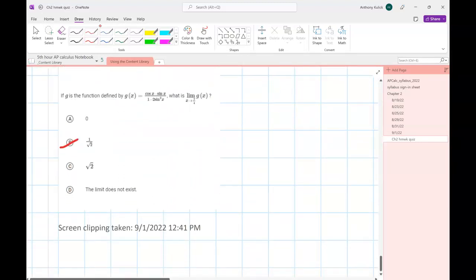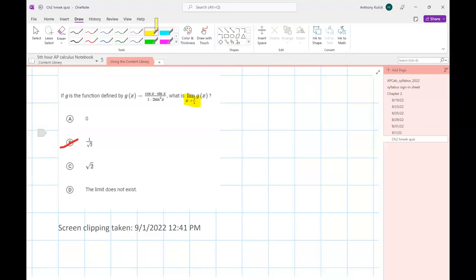The last one, it says if g is the function defined by, what is the limit as x approaches pi over 4? As soon as I see this, I'm thinking unit circle. So this is, again, something that could conceivably be done without the graphing calculator. Does the AP believe that you should know the unit circle values for sine and cosine?